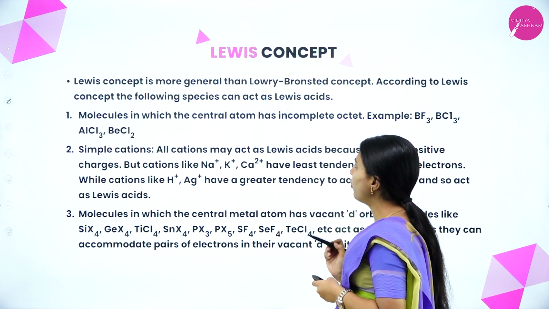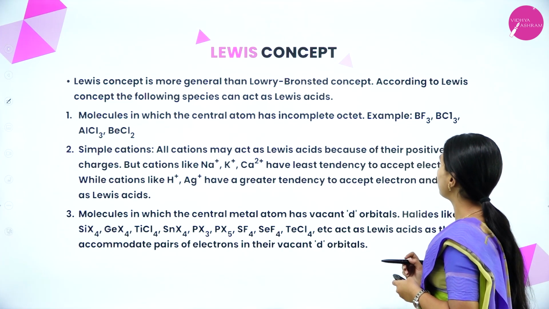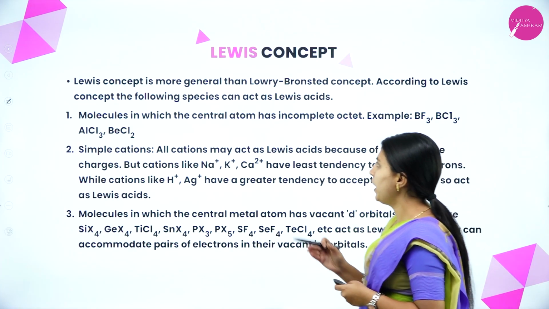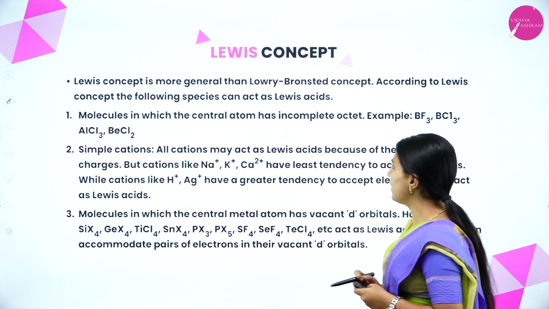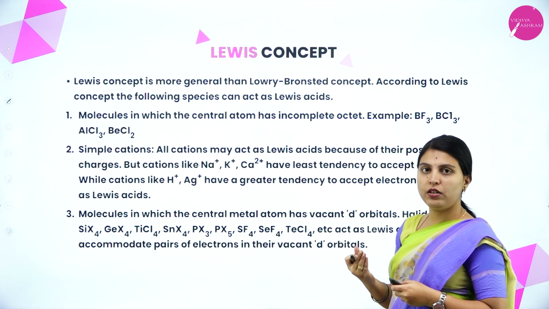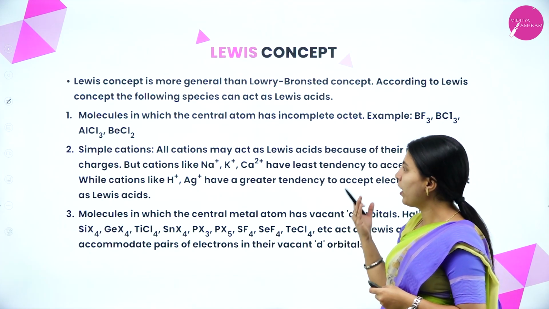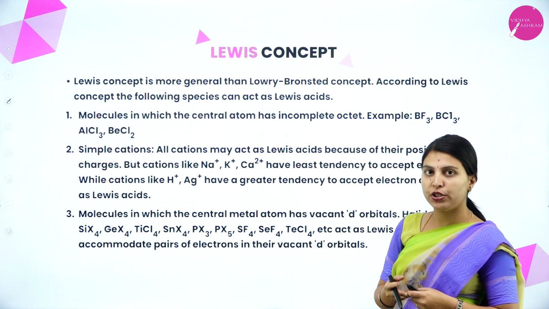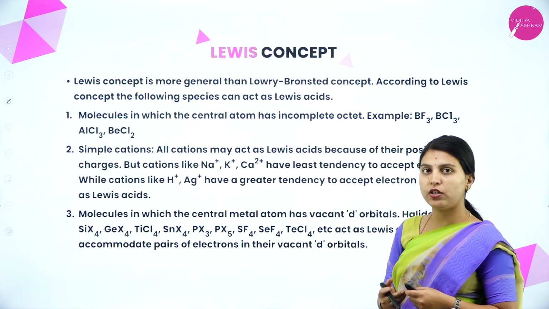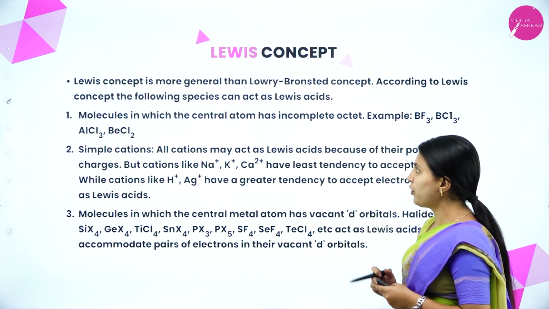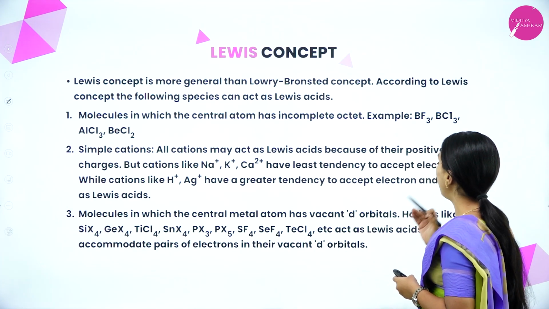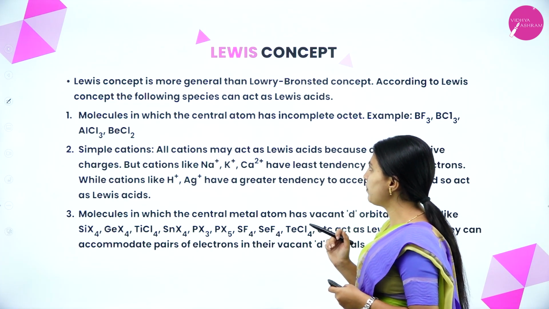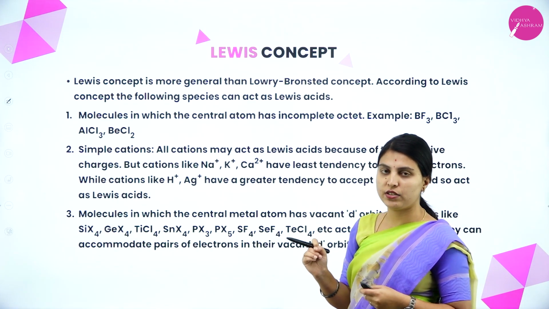The Lewis concept is more general than the Lowry-Bronsted concept. After the Lowry-Bronsted concept came, the Lewis concept was introduced. According to the Lewis concept, the following species can act as Lewis acids. What are those?